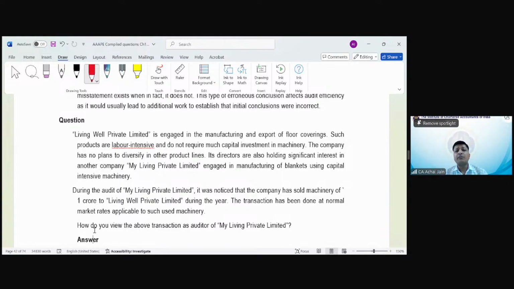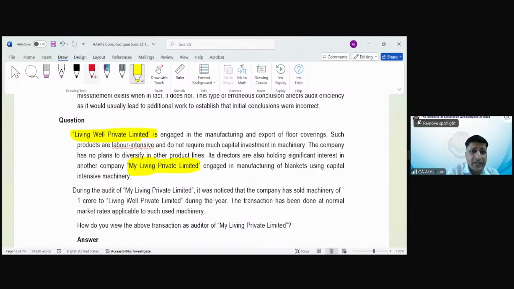During the audit of My Living Private Limited, it was noticed the company has sold machinery of 1 crore to Living Well Private Limited. So now there are 2 companies. One is Living Well Private Limited. Second is My Living Private Limited.